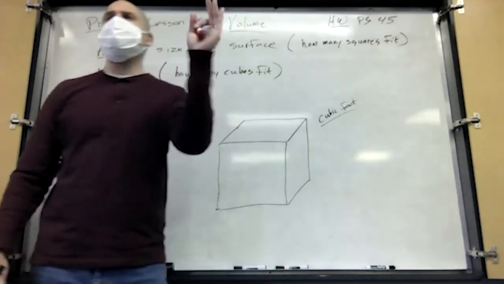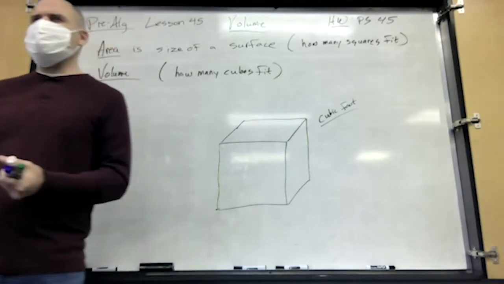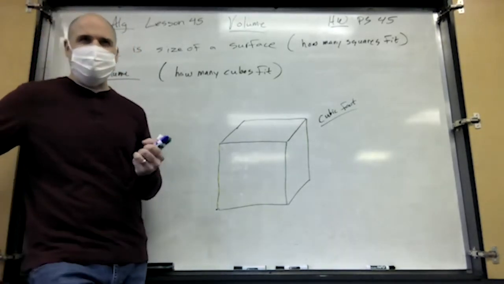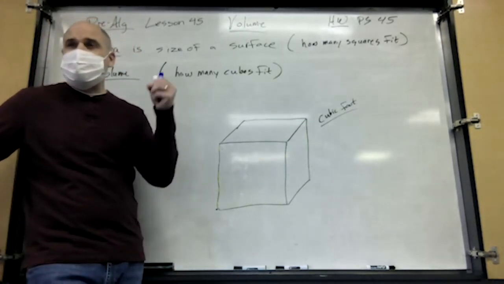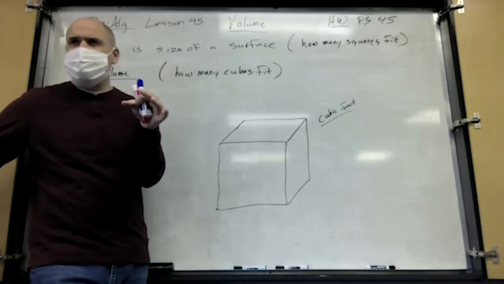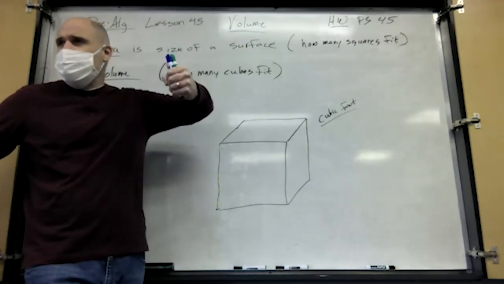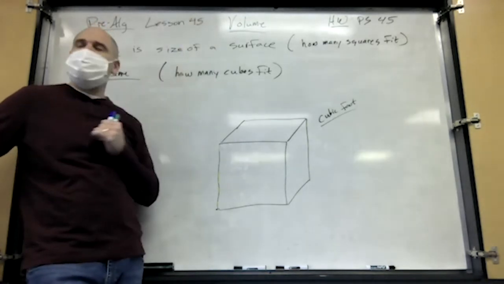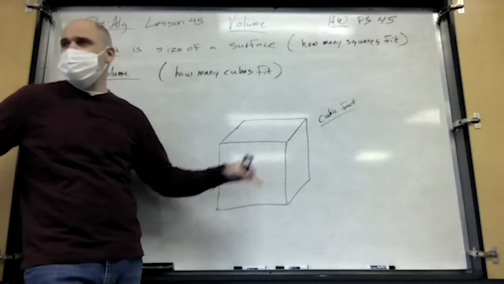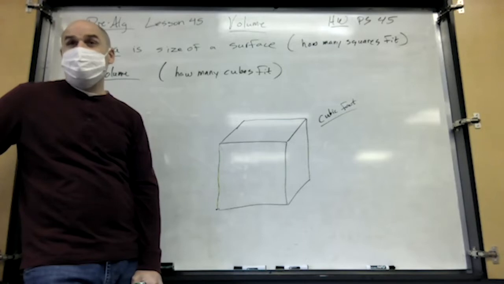Okay, here's a good trivia question. Maybe I asked you this last year. Think about a gallon of milk, not a carton. A carton is like a half gallon, right? A gallon of milk is like a jug, right? How many gallons of milk do you think will fit inside of this box? 2, 7, 12, 3.